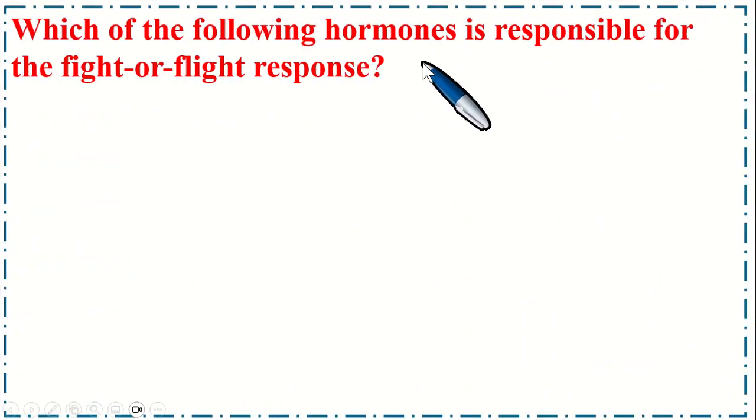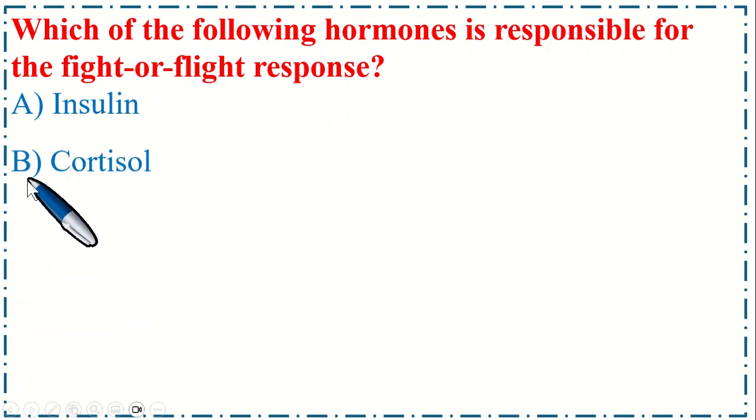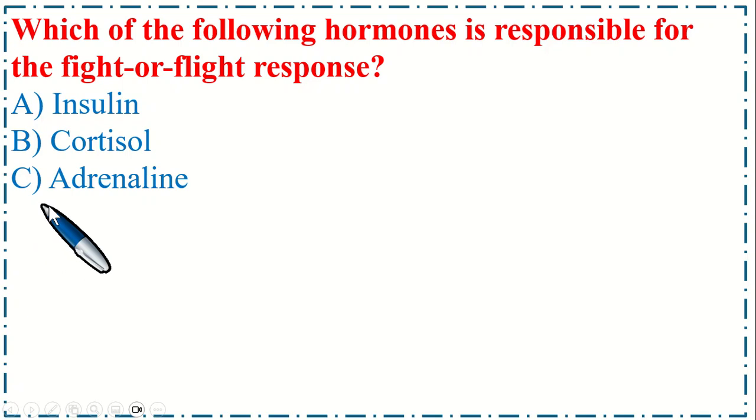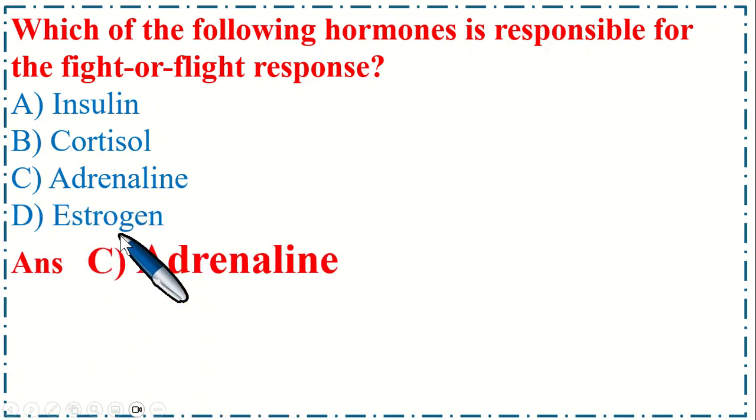Which of the following hormones is responsible for the fight or flight response? Option A insulin, B cortisol, C adrenaline, and option D estrogen. So the correct option is C adrenaline.